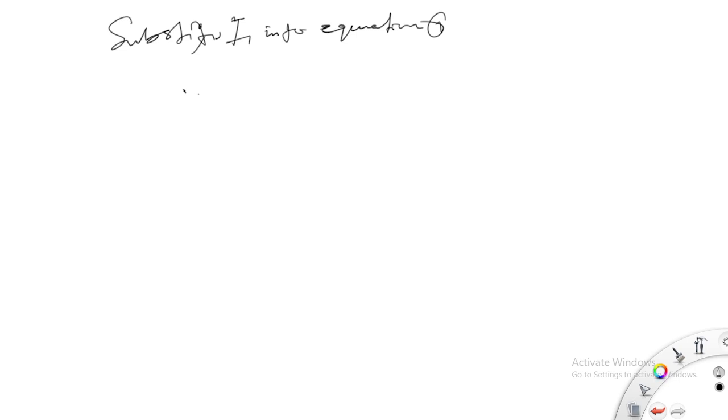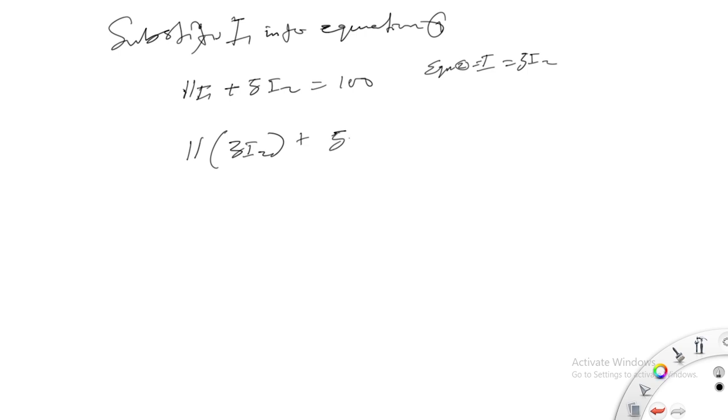If I can remember vividly, our equation 1 was 11 I1 plus 5 I2 is equal to 100. So substituting equation 2, that's I1, into equation 1 would give 11 times I1, which is 3 I2, plus 5 I2 is equal to 100.